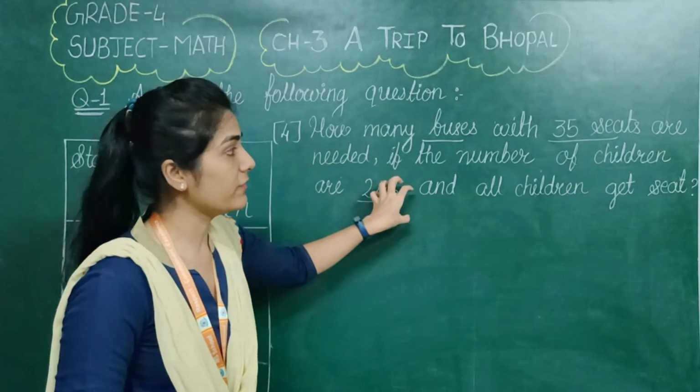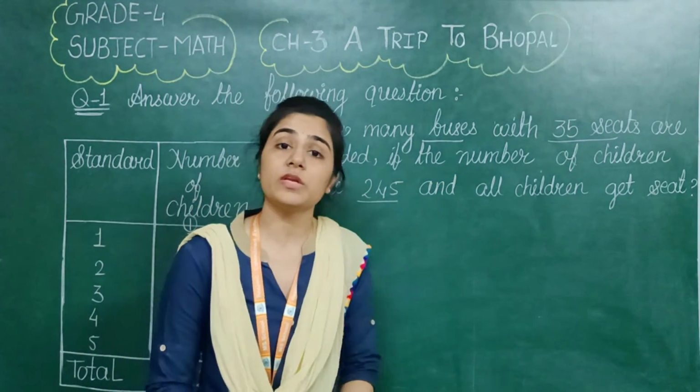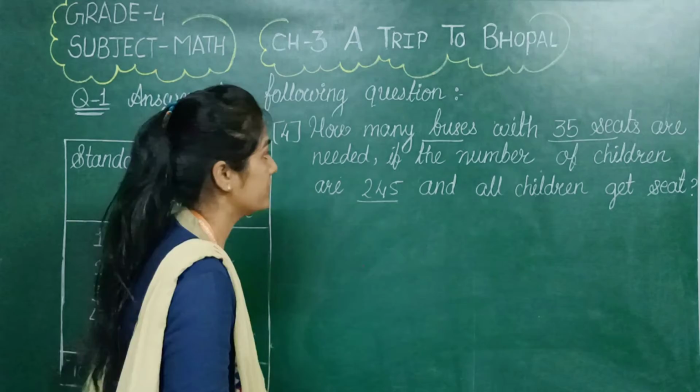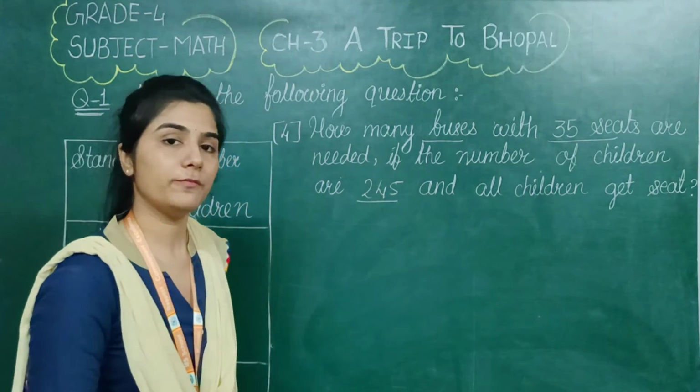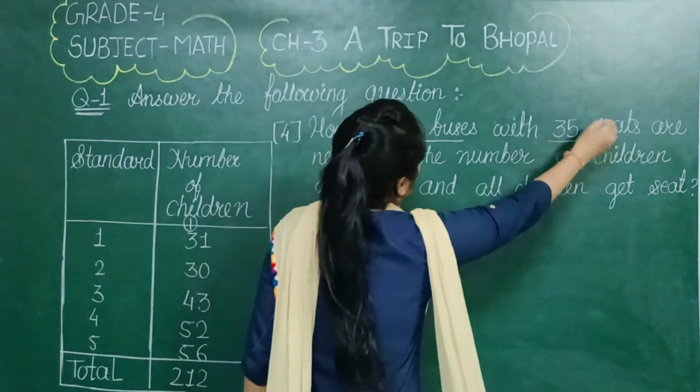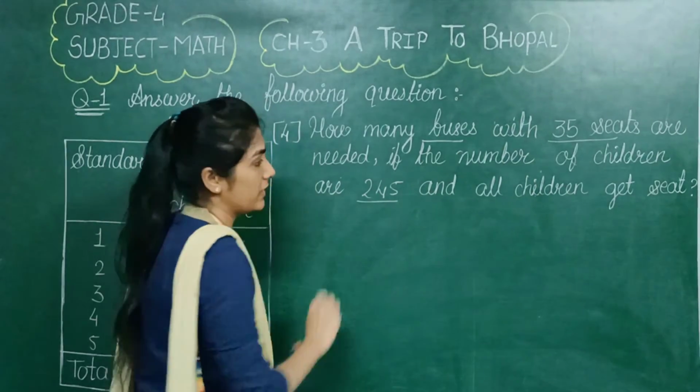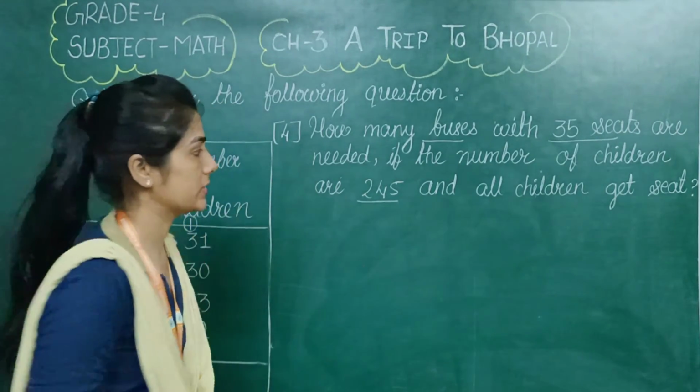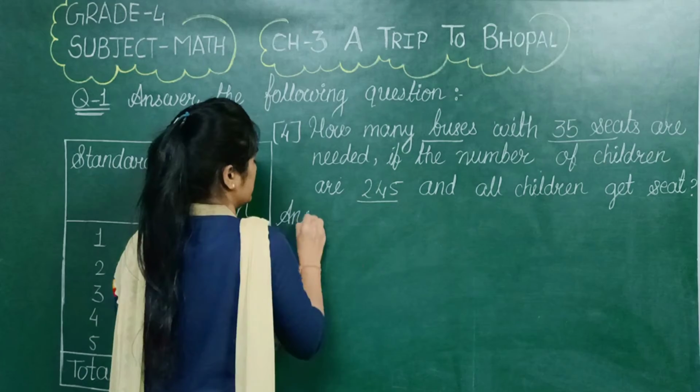In this kind of question, division will come because we need to find the number of buses. If we have two things, seats and the number of children, we can get the answer by division.